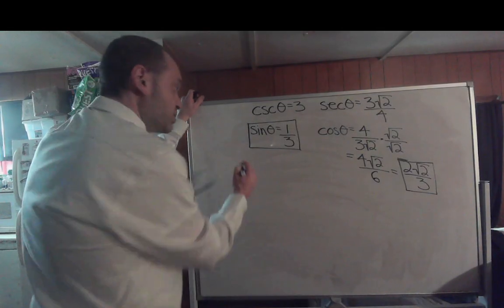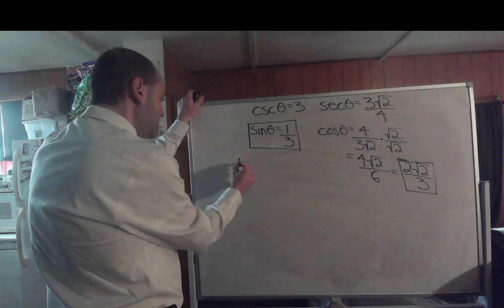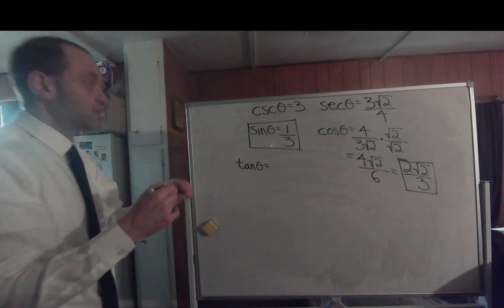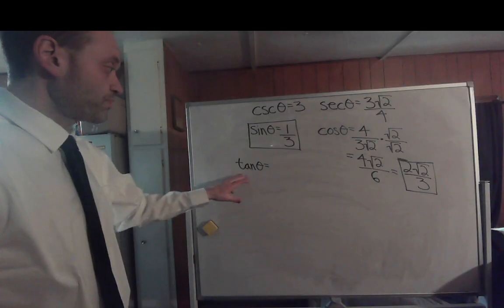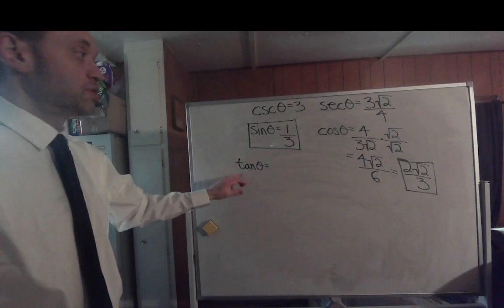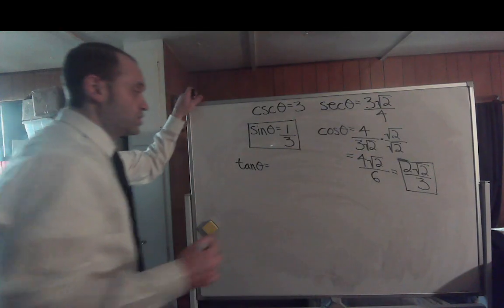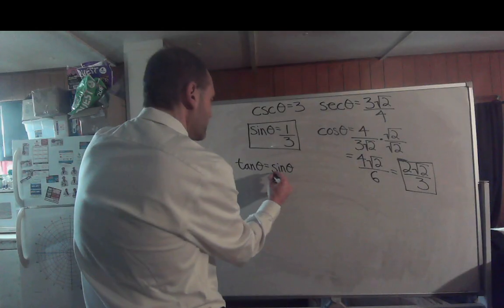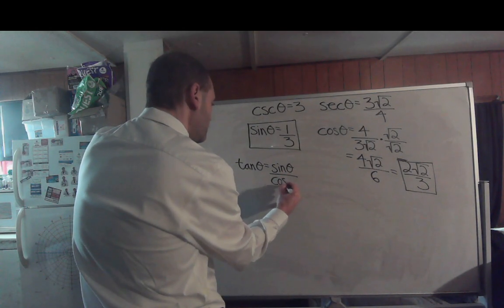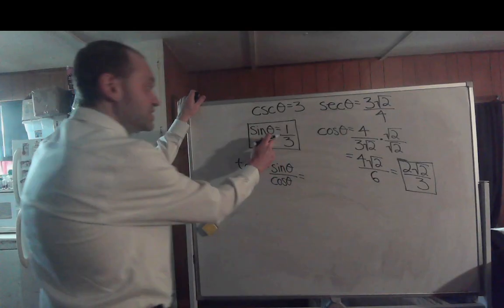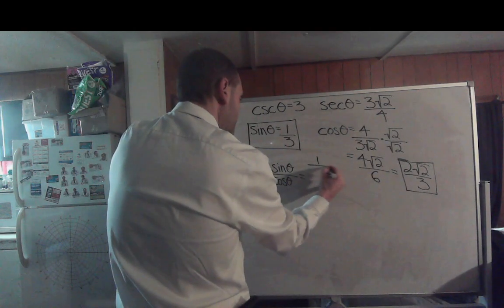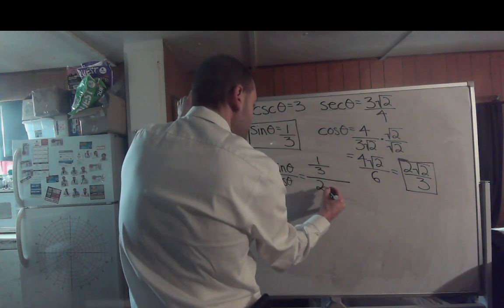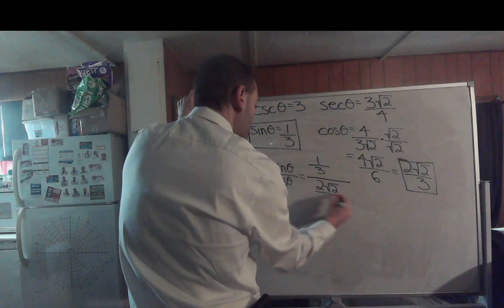What about the tangent of theta? This gets fun. All right, so the tangent of theta is equal to your sine over cosine. So let's even write that. We've got our sine and cosine already. Well, the sine in this case was 1/3, so this would be equal to 1/3 divided by 2 times the square root of 2 all over 3.